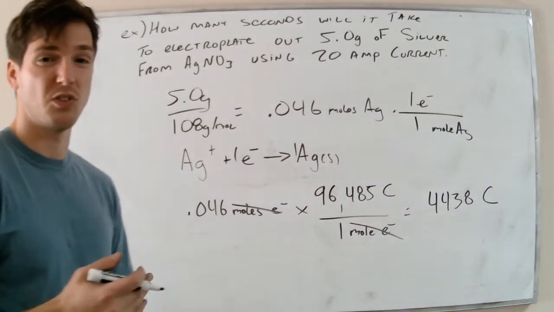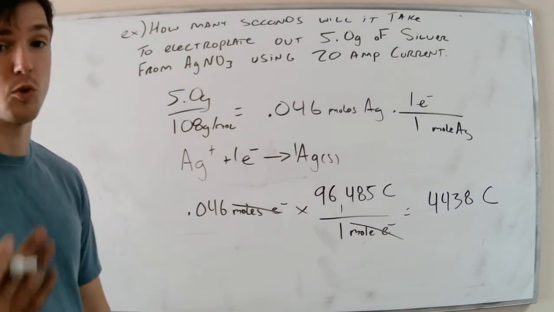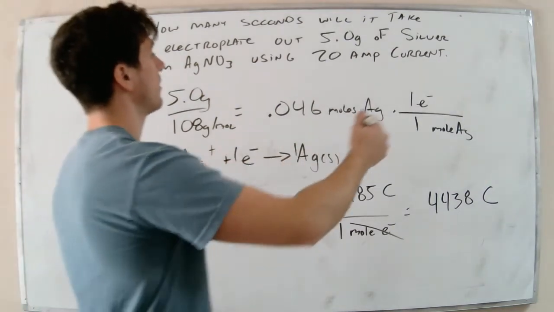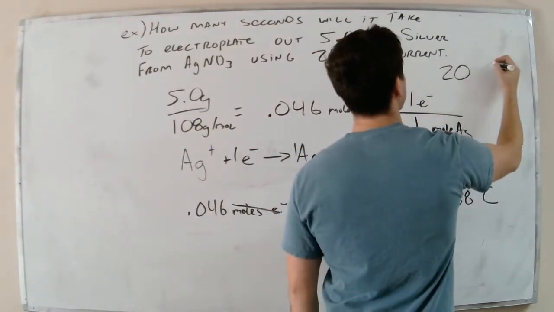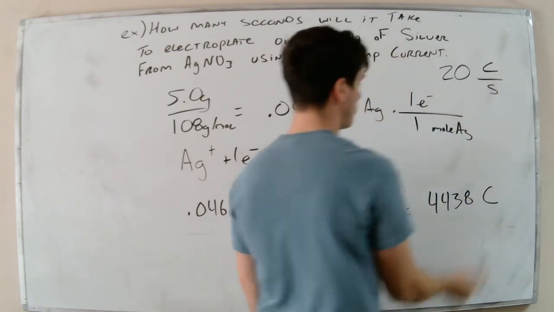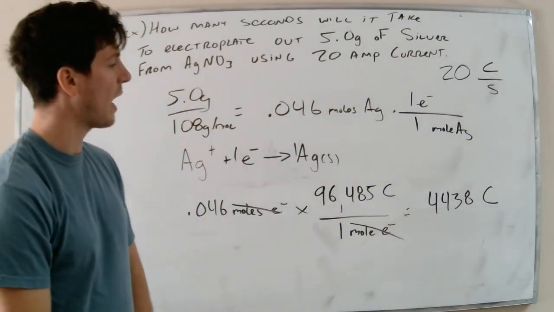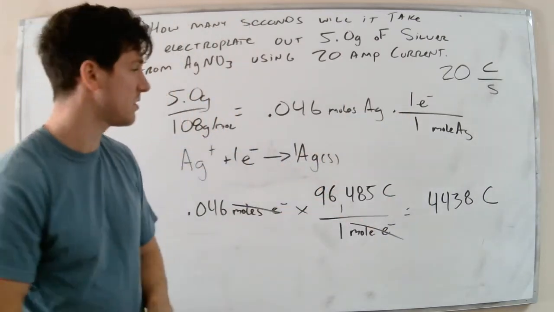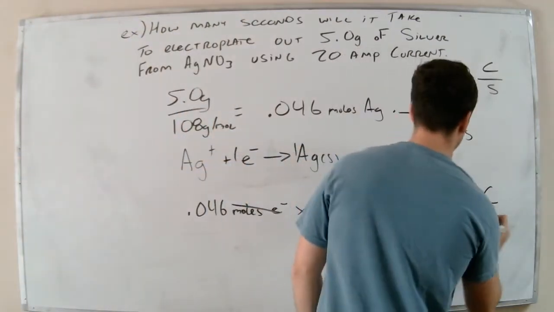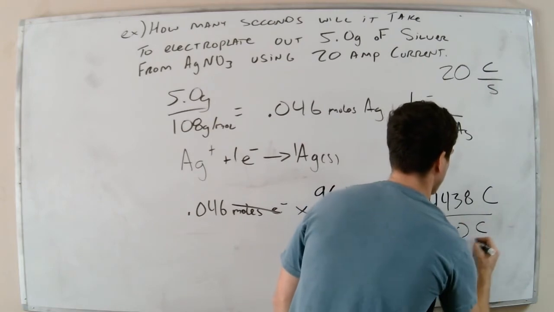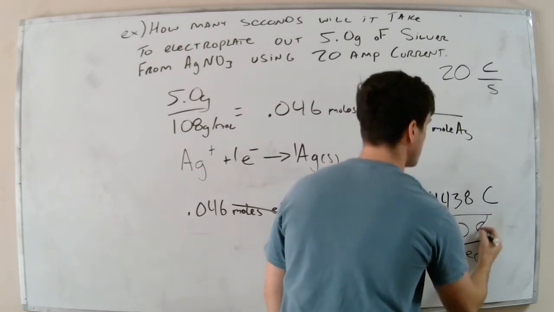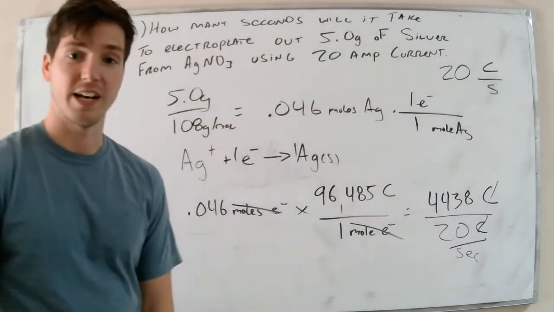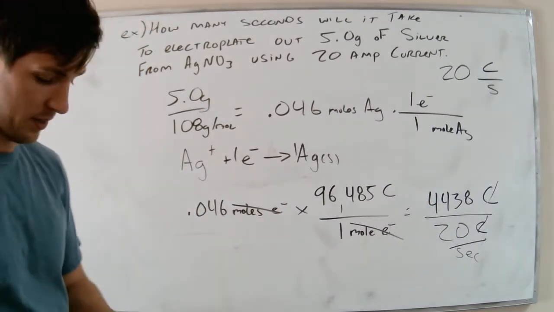and if you remember my last step, I have to use the amperage to go from coulombs to seconds. Well, remember, if I have 20 amps, that's 20 coulombs per second. So how am I going to get from coulombs to seconds using those 2 units? Well, if I divide by 20 coulombs per second, coulombs cancel out, and I'm just left with seconds.